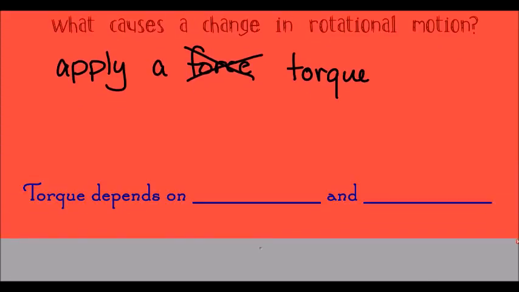So torque, which is simply something that has the possibility of causing a change in rotational motion, depends on two quantities. The first quantity is one you might have already guessed. Since we've been talking a lot about force, it must depend on force. But it also depends on where that force is applied.